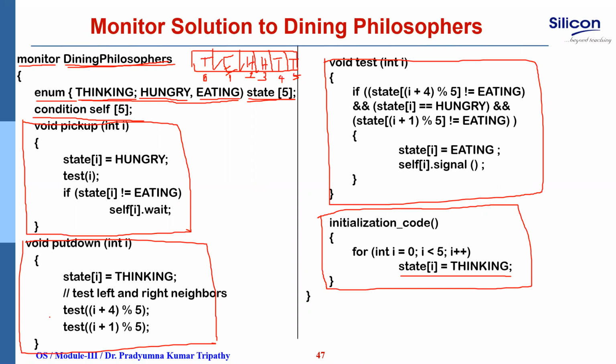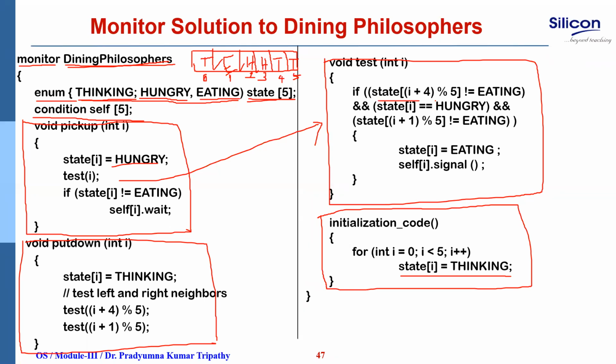So what is the pickup doing? It makes that particular process. Suppose somebody wants to pick up. Pickup means he is hungry. So state of I is hungry. We check the test of I whether it is available or not. It calls this method. It checks whether the chopsticks are available or not.